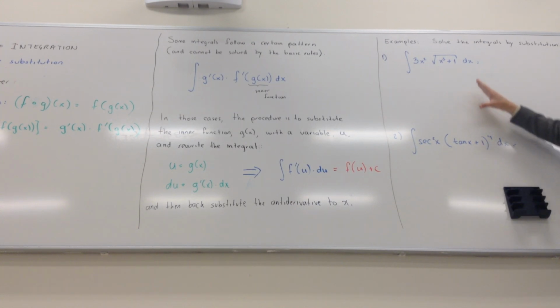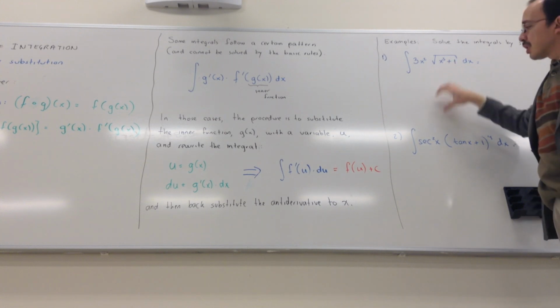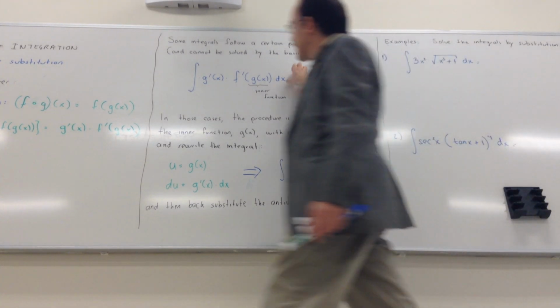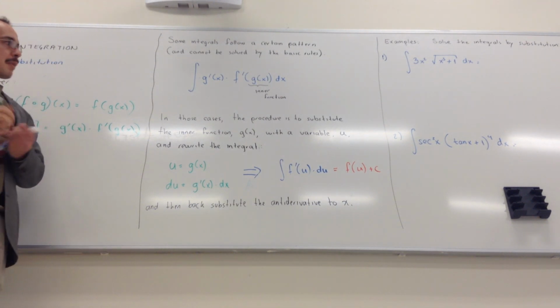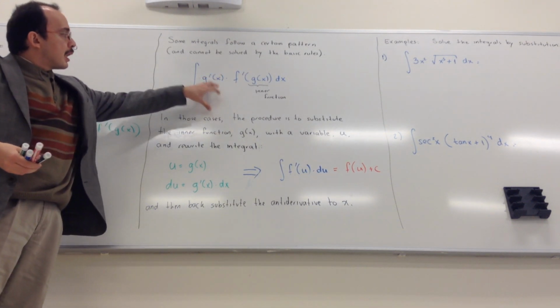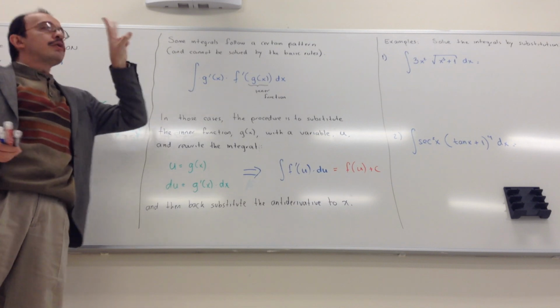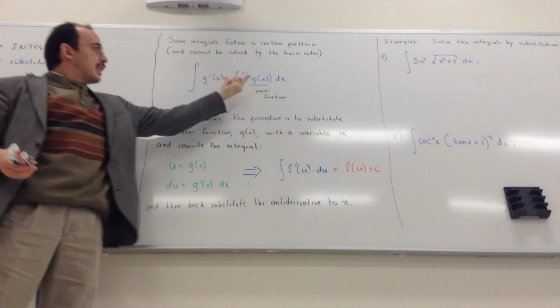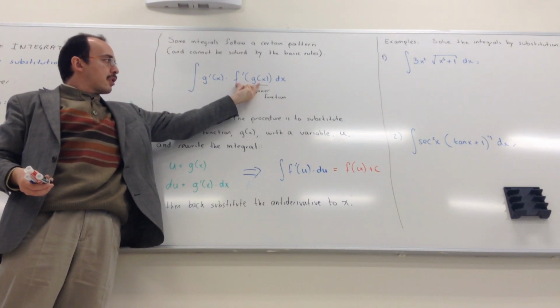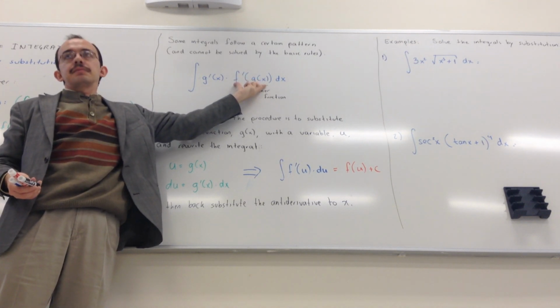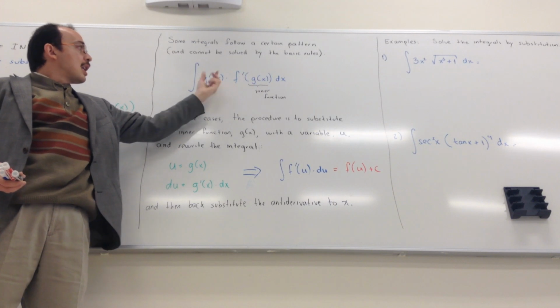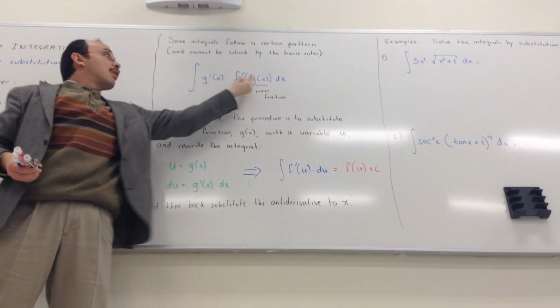So the idea is that you need to observe. Be very observant, because if those integrals fall into this pattern, you need to apply the substitution method. What I mean by this pattern is, observe, this integral has 2 functions. These are compositional functions, where you have an inner function inside of another one, multiplied by the derivative of that inner function.